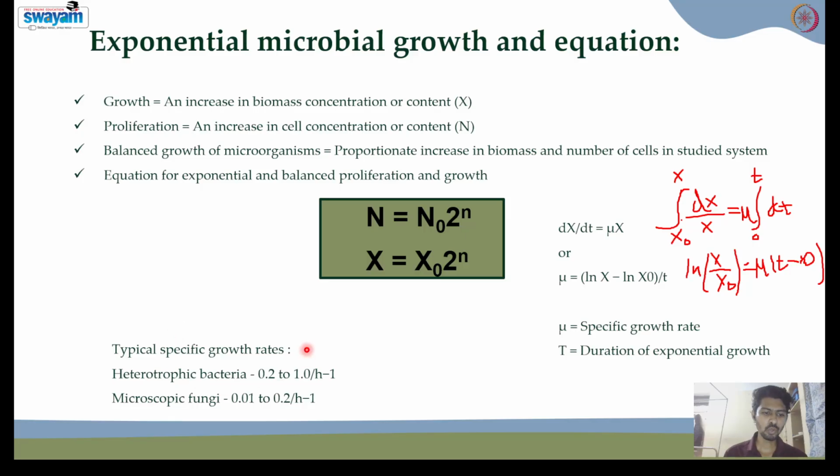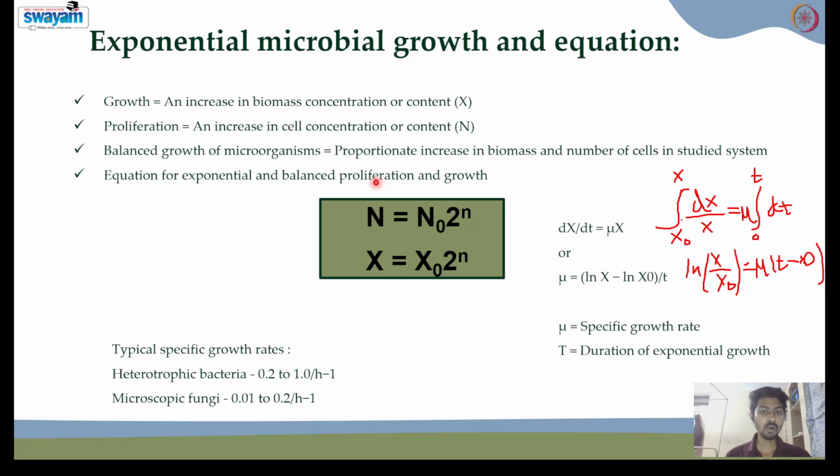And if you see the specific growth rate of heterotrophic bacteria, it is 0.2 to 1 per hour, whereas fungi have a higher generation time or doubling time. That is why we observe a lesser specific growth rate, which is 0.01 to 0.2, which is very low. So their doubling time is very high, and it takes days to proliferate, whereas bacteria take about 24 hours to 48 or 72 hours.